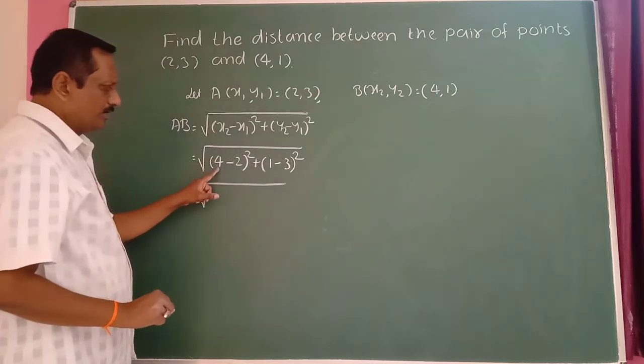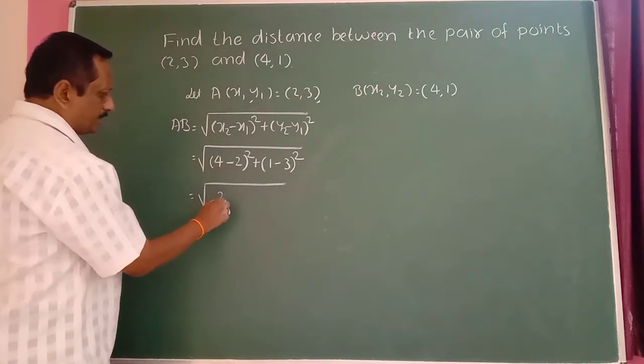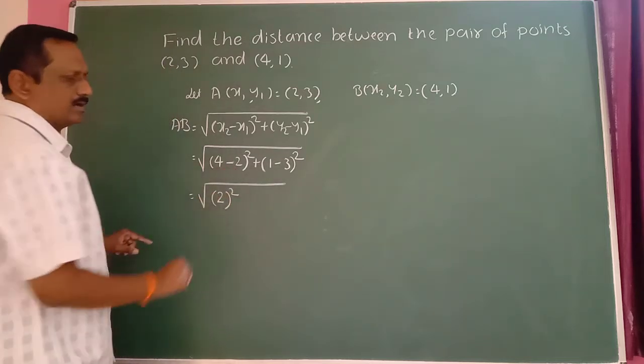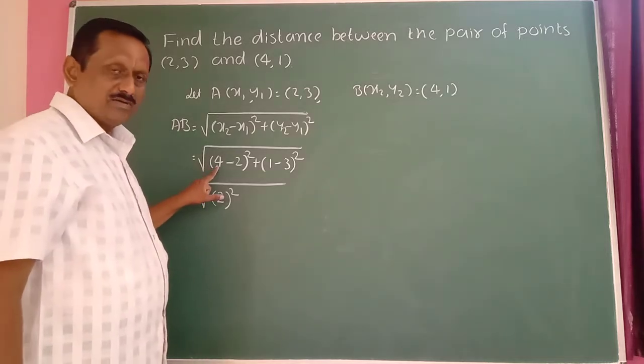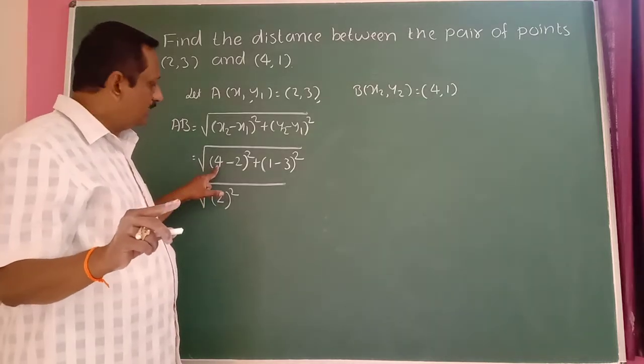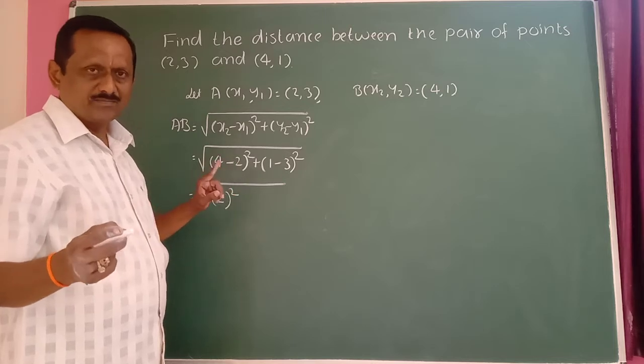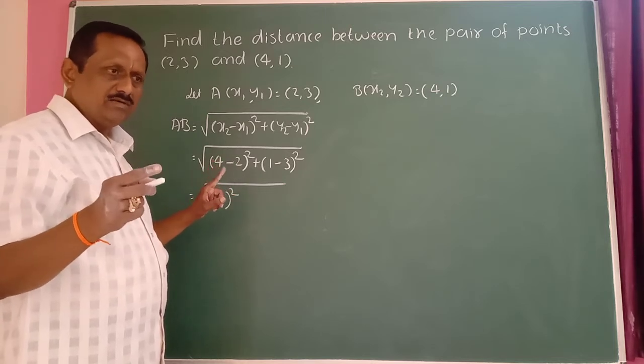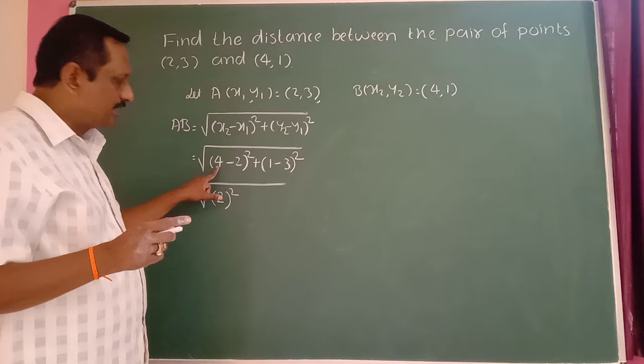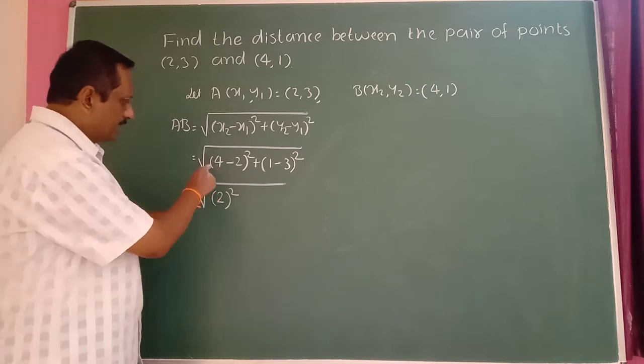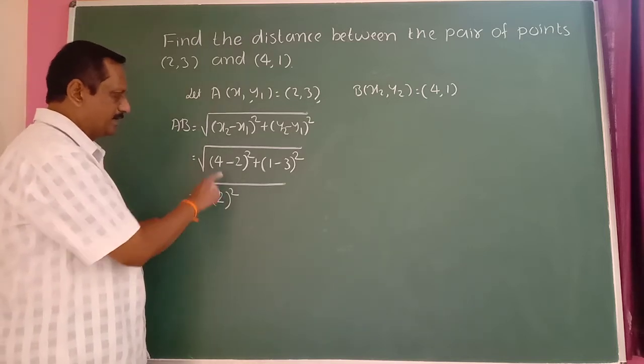Then this is equal to the root of 4 minus 2 gives plus 2, plus 2 square, because the bigger number is 4. If one is positive and the other is negative, subtract and write the sign of the bigger number. The bigger number is 4 with a plus sign, so it is plus 2.